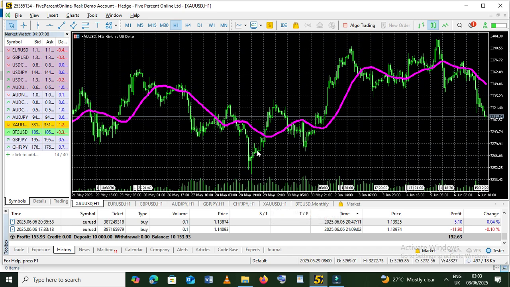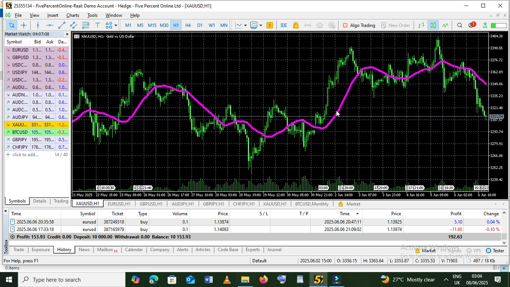So how do you analyze the forex using moving average? In a simple way, when you see the moving average line below your candle, not when it cuts in between, that can be indecision. So when you see it below the candle, it signals a bullish movement.